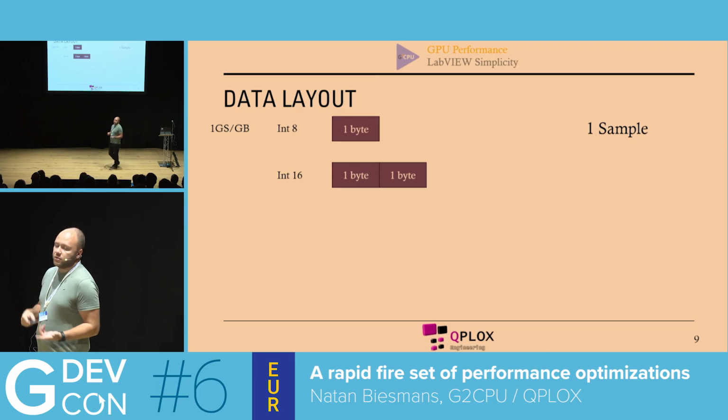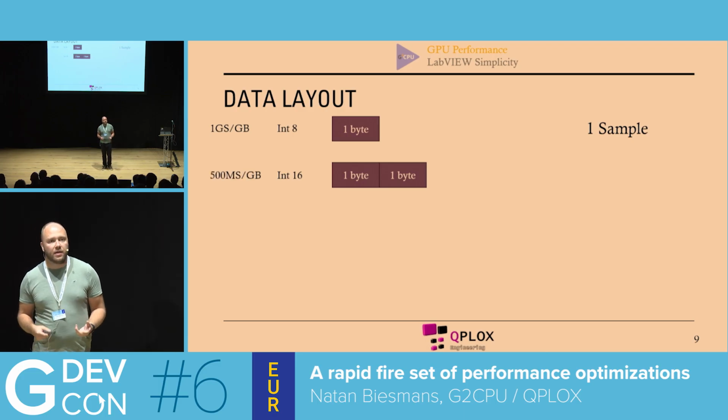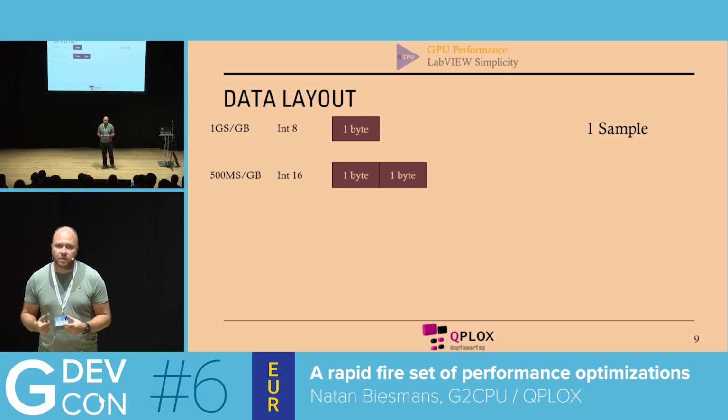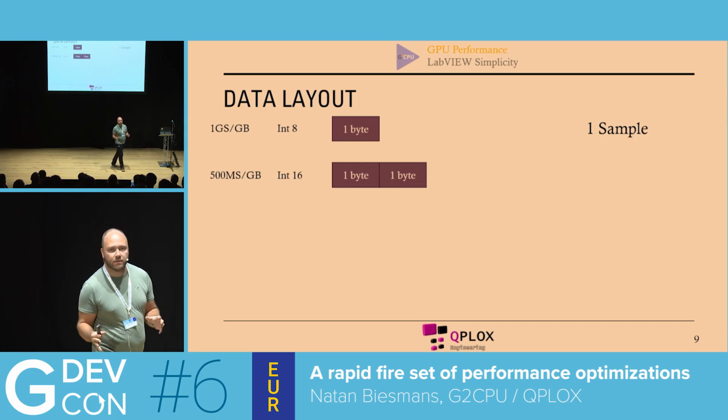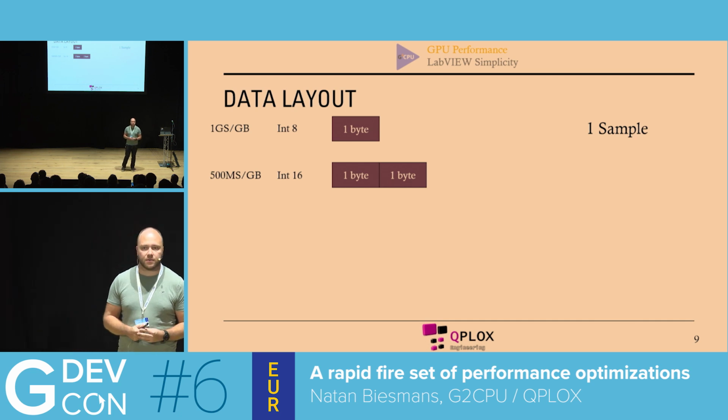Now, if we represent that same sample as an integer 16, suddenly we can only store half the amount of samples in that gigabyte. Still quite clear, but it does mean that with the same amount of memory, we can store less samples in it.